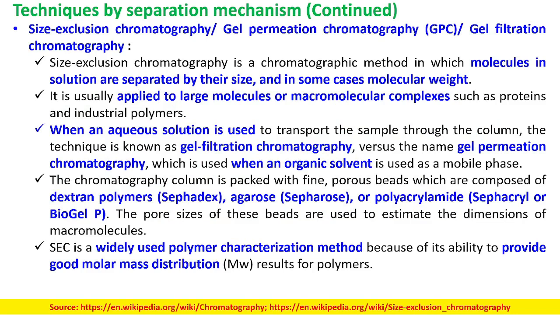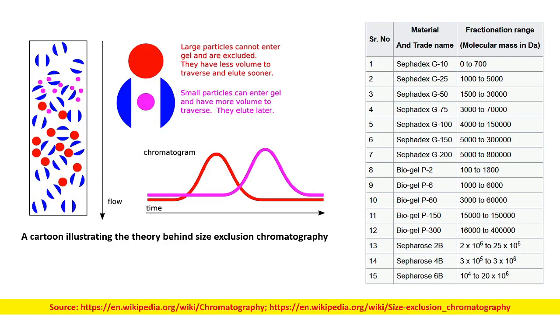Now techniques by separation mechanism, size exclusion chromatography. I think I have already discussed size exclusion chromatography. This is just the schematic diagram which has been given. What happens? These are different types of materials which are used for size exclusion chromatography, and their corresponding molecular mass in daltons.